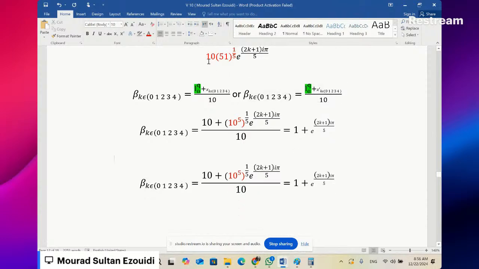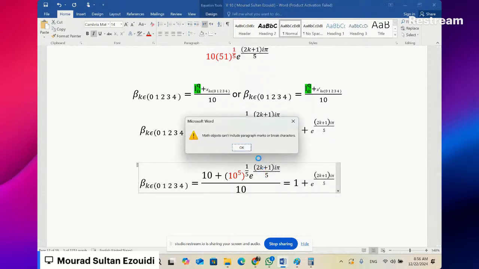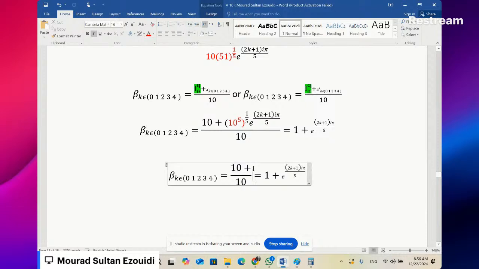In code I will take 10 times 51 raised to the power 5 times exponential k plus 1 over 5 times I count. I will put it here. Math object 10. Okay.